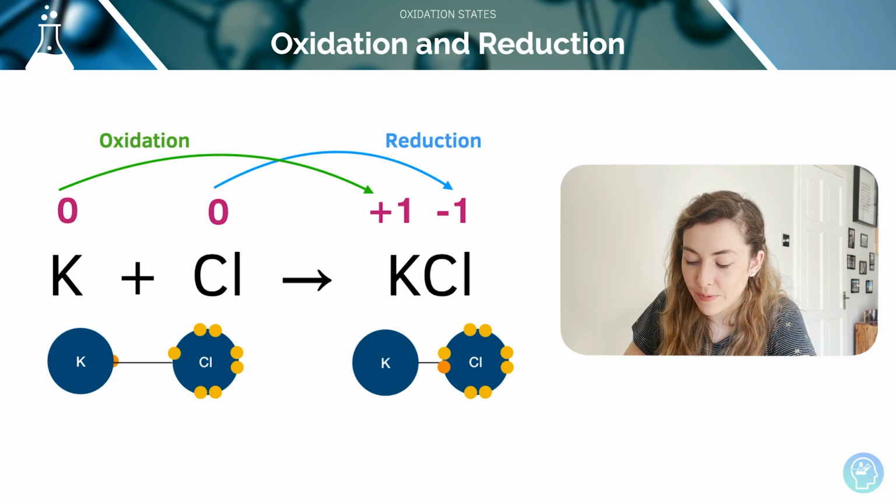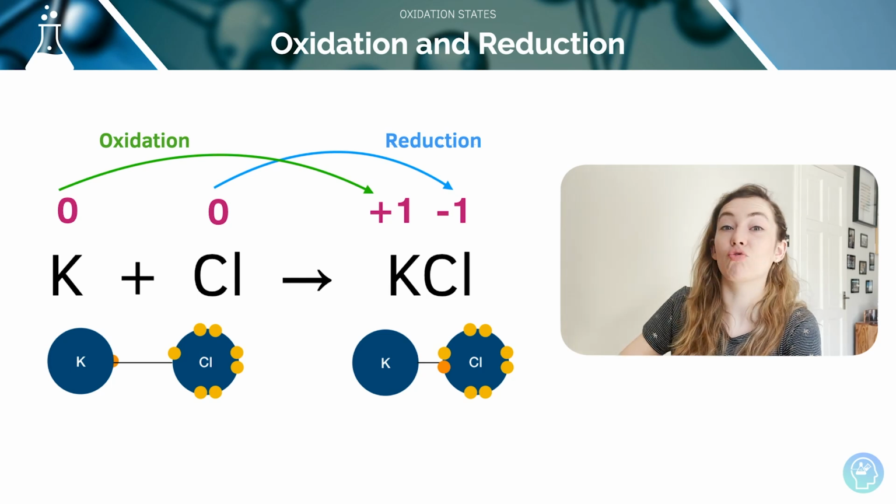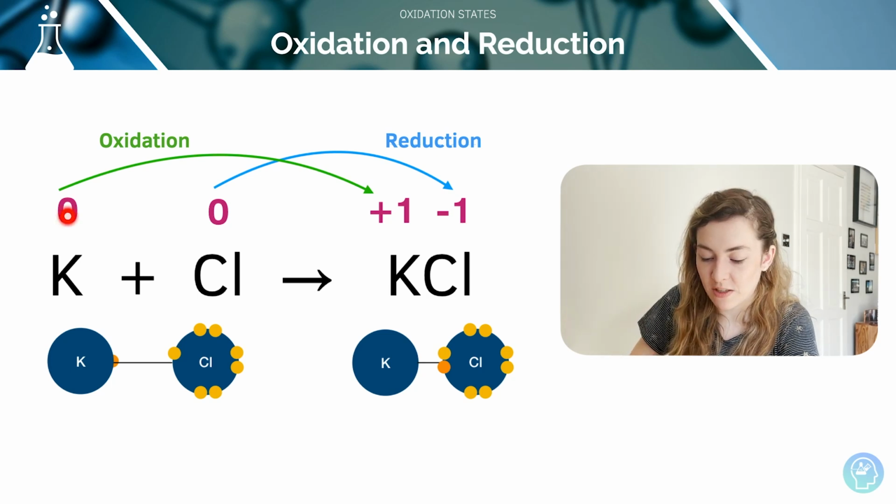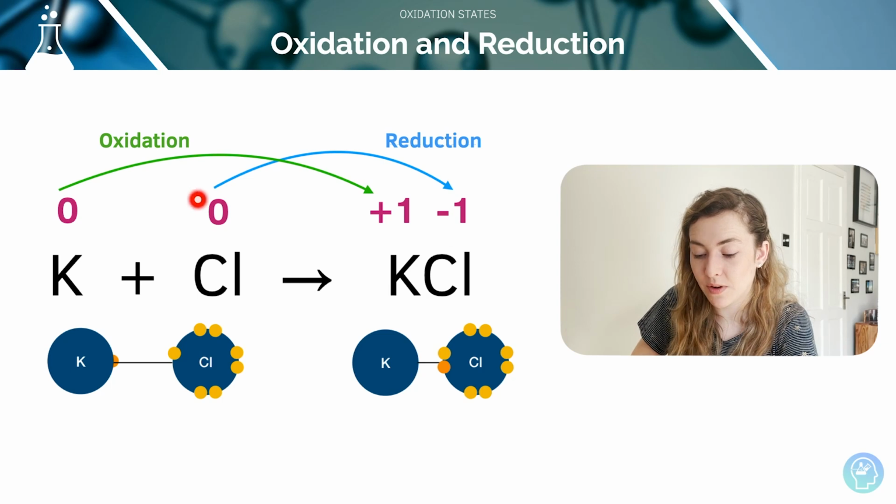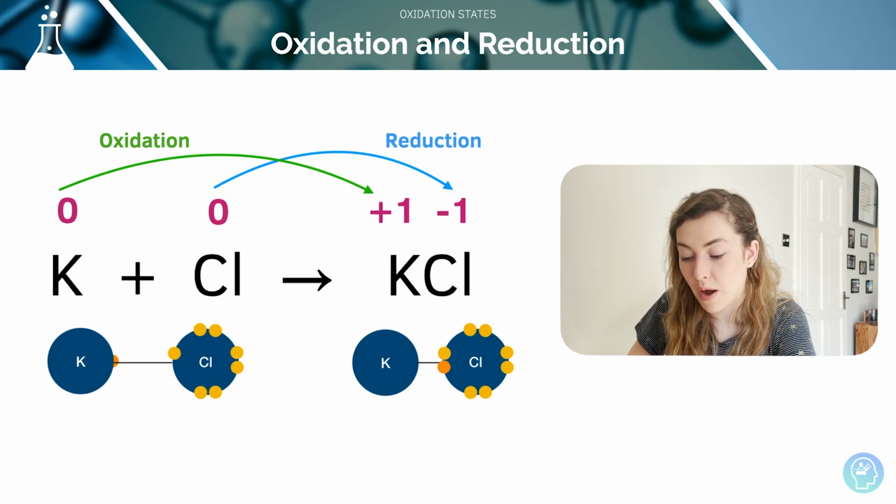And our chlorine, or our Cl, because obviously I think of chlorine as a diatomic chlorine, but our chlorine atom has overall gained an electron, so it's going to have gained one negative charge. So its oxidation state is going to decrease to -1, from 0 to -1, and therefore that's reduction. So we know that potassium's been oxidized because it's gone from 0 to +1. And the chlorine atom has been reduced because it's gone from 0 to -1.